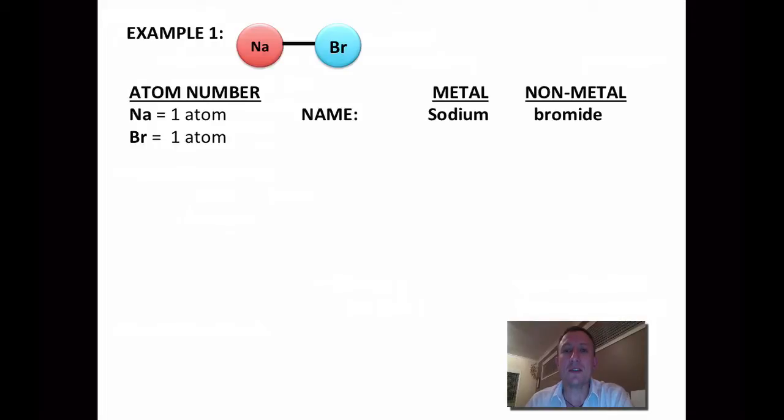To finish off the formula, we put as a subscript next to the symbol the number of atoms of each type. In this case, it's 1 sodium with 1 bromine. So the formula for sodium bromide is NaBr. In this case, we never write the 1 at the bottom. I hope you understood that.